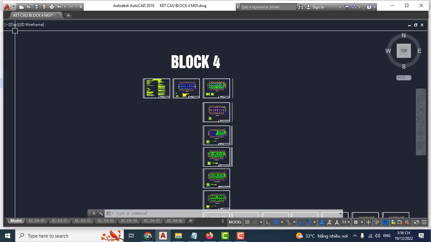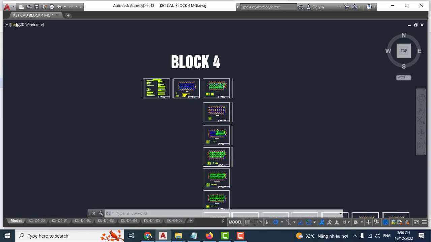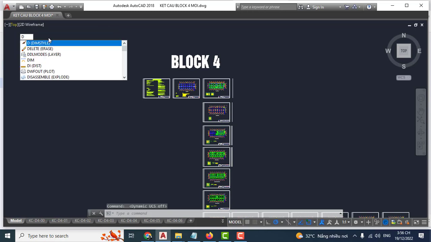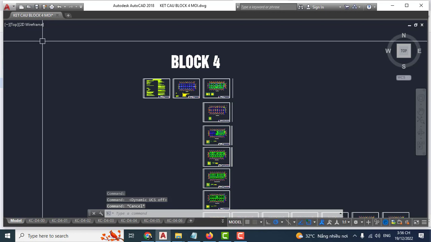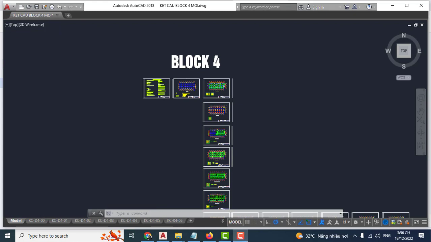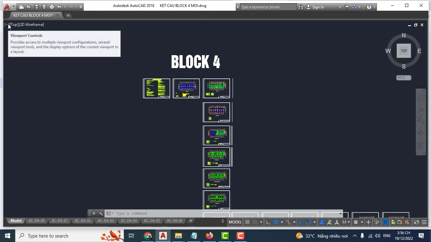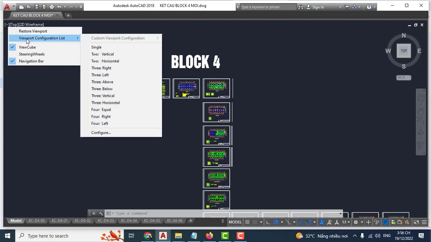Now you look here. You look here. Okay, so you click and select viewport configuration list.